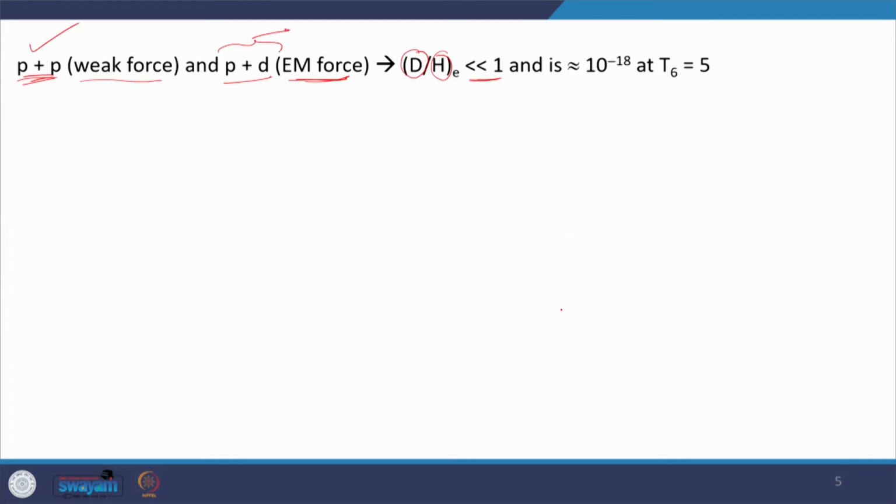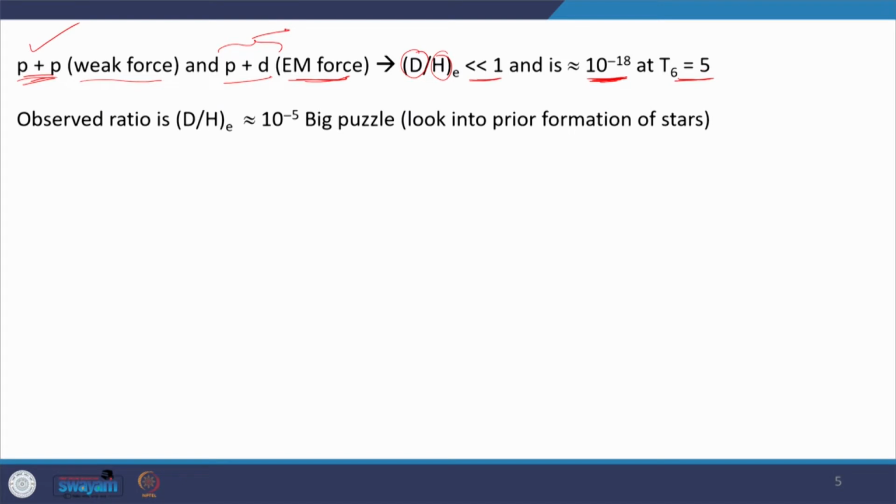That is what I have written here, and it is of the order of 10 to the power of minus 18. Okay, it is much less than 1. If you take it in terms of reaction rate, the ratio is 10 to the power of minus 18, say at T6 is equal to 5. Now, the interesting feature is that the observed D by H ratio is 10 to the power of minus 5.